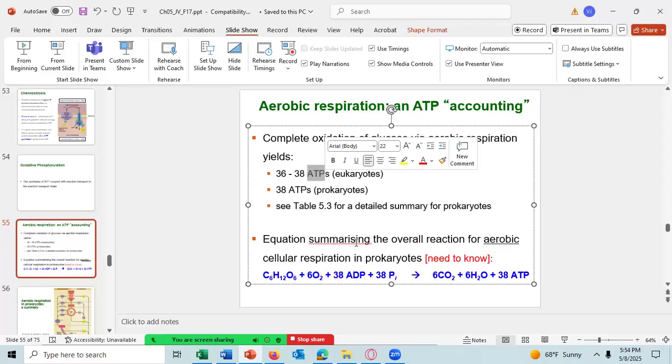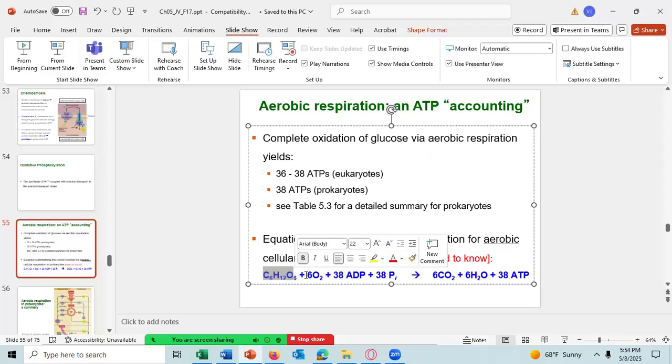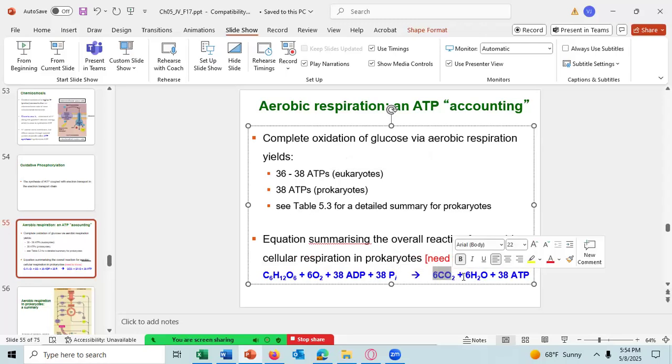All right. So in the summary of aerobic respiration, we start with glucose, C6H12O6. We add in 6 oxygen molecules, 38 ADP molecules, 38 phosphate molecules, and then out of this, we get 6 carbon dioxide, 6 water molecules, and 38 ATP. You should know the summary equation for making ATP in aerobic respiration.